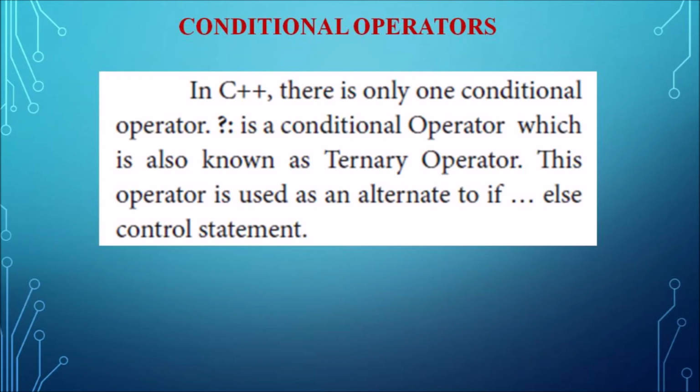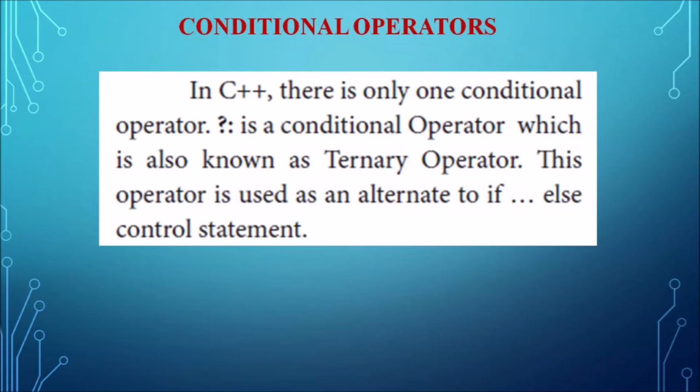So here also there will be some condition. Once the condition is true, it displays some value. If it is false, it displays another value. So we have two sets of values here. In C++, there is only one conditional operator, that is you use a question mark and colon.